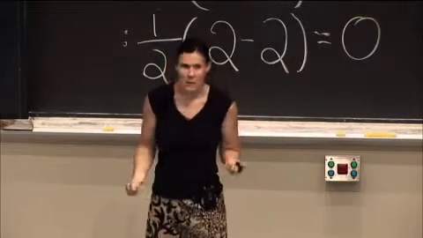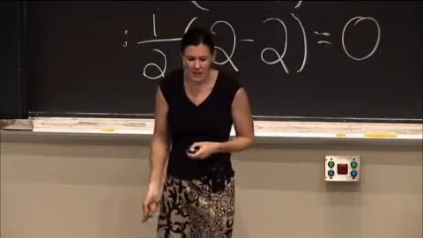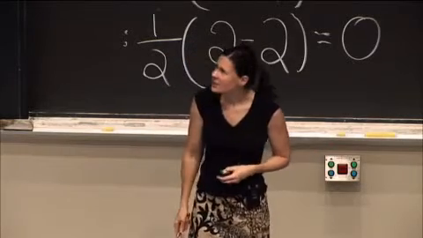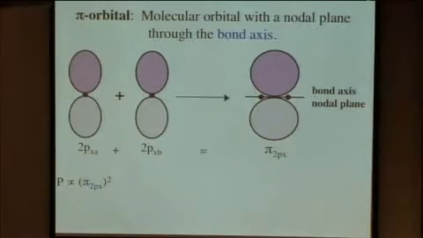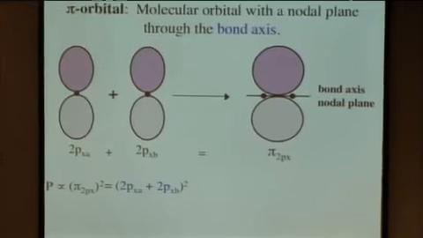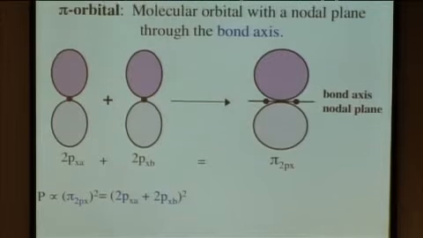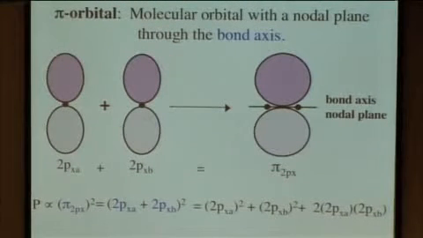So again, we can think about the probability density in terms of squaring the wave function. So now what we're squaring, if we're talking about the x orbital, is pi 2px squared. And this is just equal to the square of 2pxa plus 2pxb, all squared, or if we write out all of the terms, we have 2pxa squared plus 2pxb squared, and then this term here.